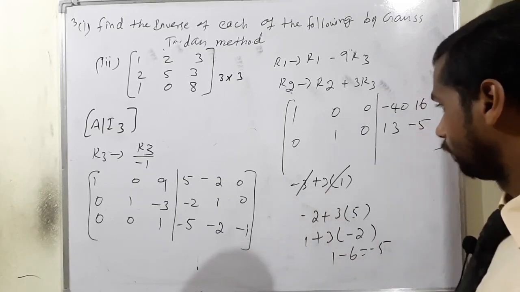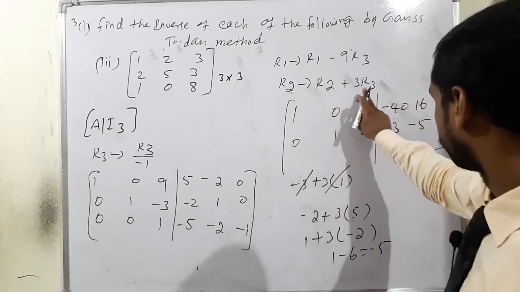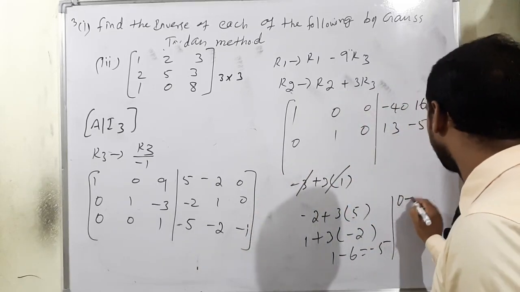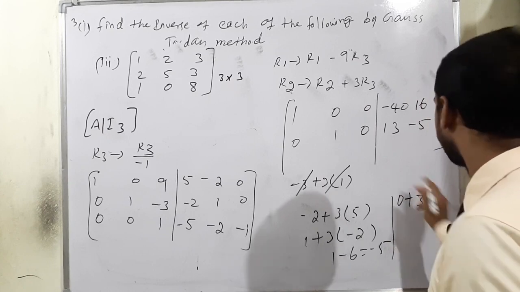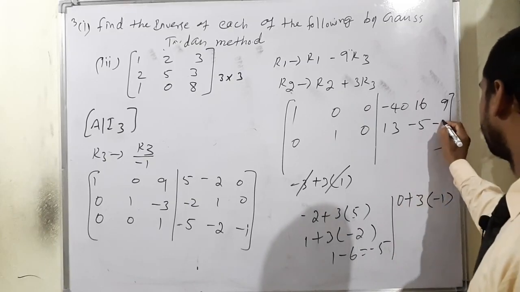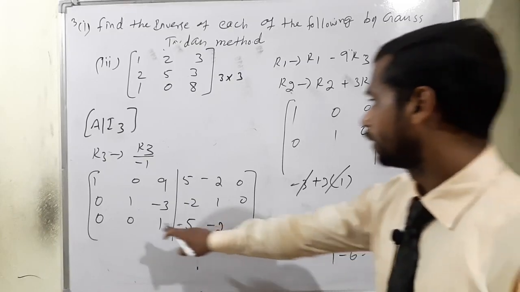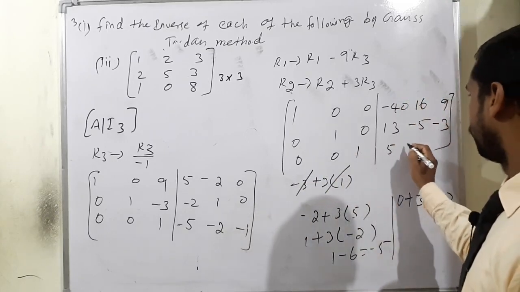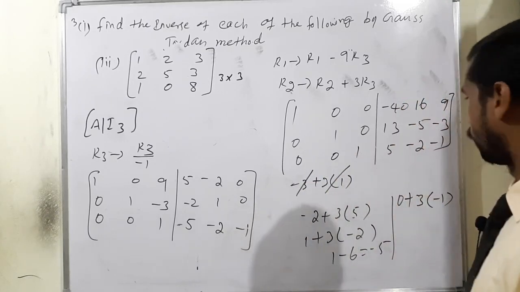Then next condition 0 is there. So 0 comparing, listen very carefully, because 0 plus 3 into R3 value already minus 1. 0 minus 3 is equal to minus 3. R3 as it is. What is R3 times 0? 0, 1. So 5, minus 2, minus 1.